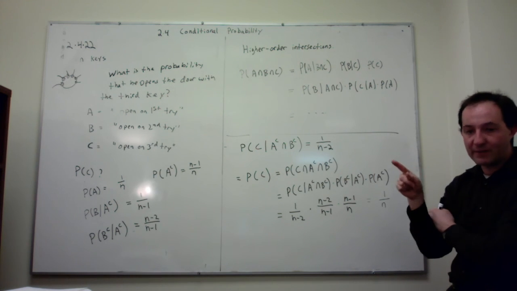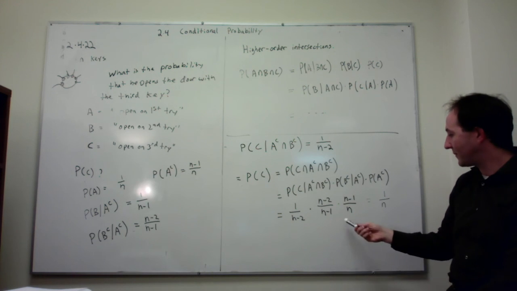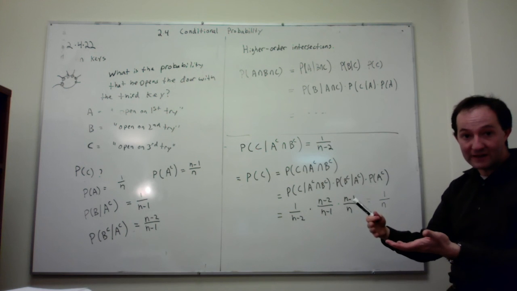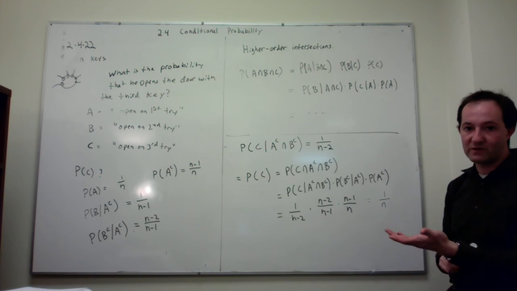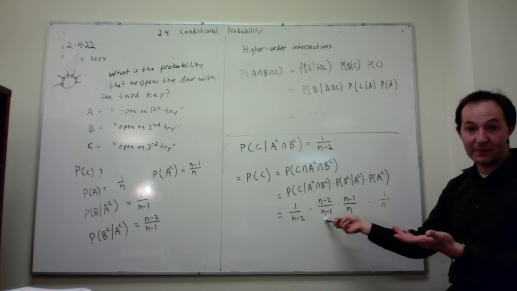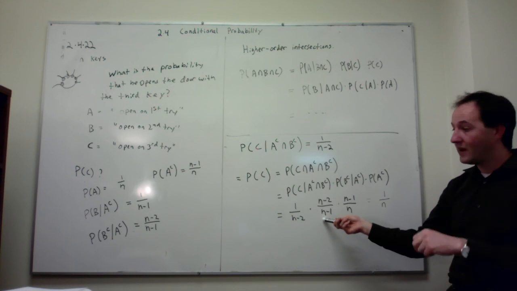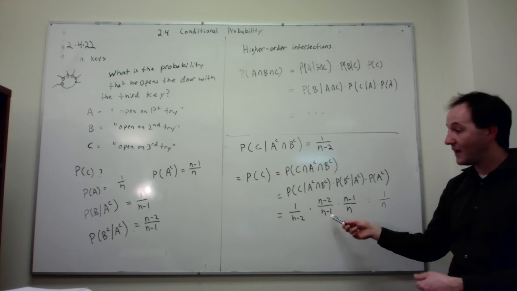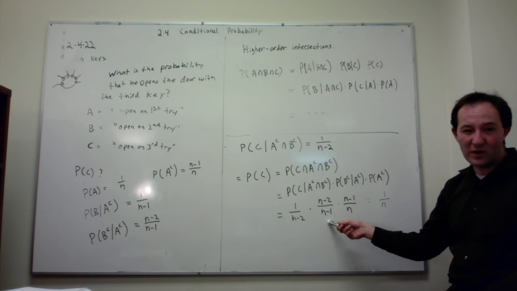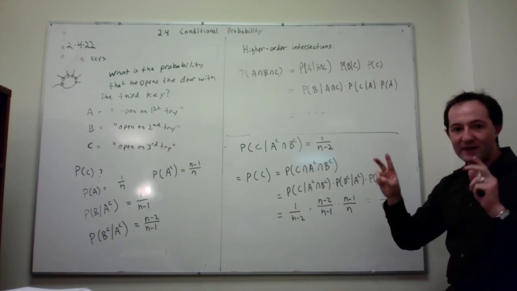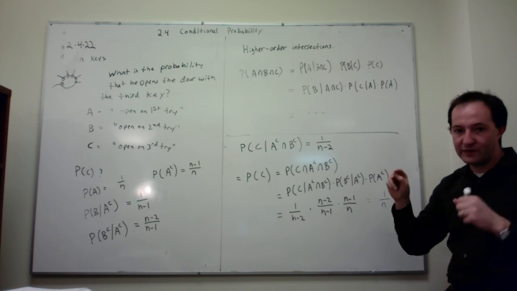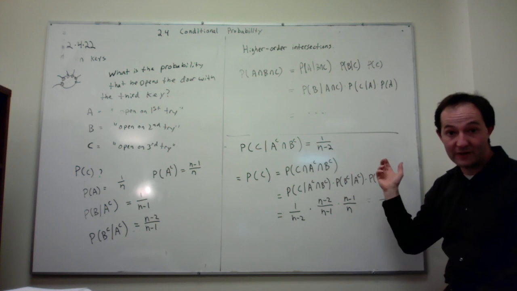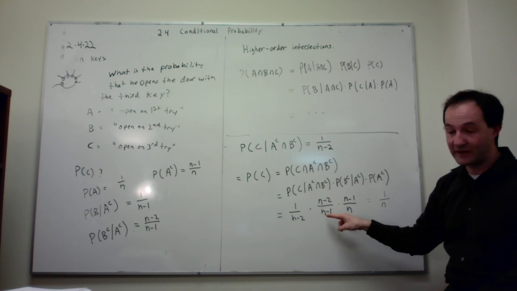Thinking about that process, this is the probability that he fails on the first try, n minus 1 over n, because there are n keys at that point, n minus 1 wrong choices. This is the probability that he fails on the second try. It's conditioned on him already failing on the first try, and that's why we're dividing here by n minus 1 rather than n, because the conditioning on the first try not succeeding is what puts us in the situation of him having thrown away that first key and having n minus 1 keys at that point.